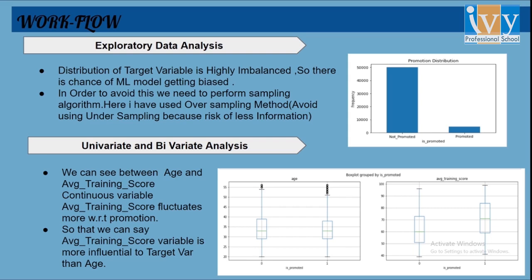Looking at the second box plot, average training score with the is_promoted column, the median value in the IQR range fluctuates more between employees who got promoted and those who didn't. So there is a correlation between average training score and promotion, unlike in the age column.